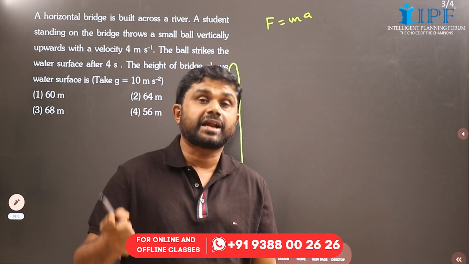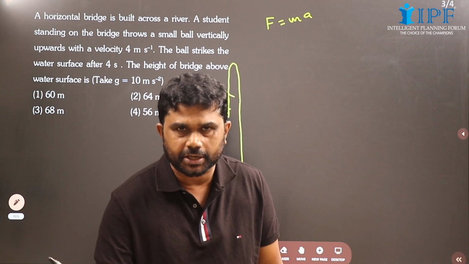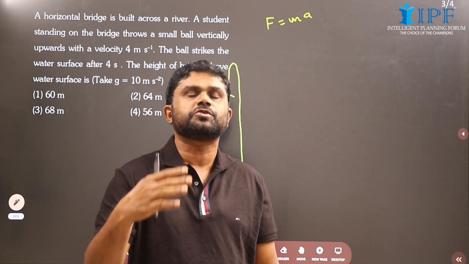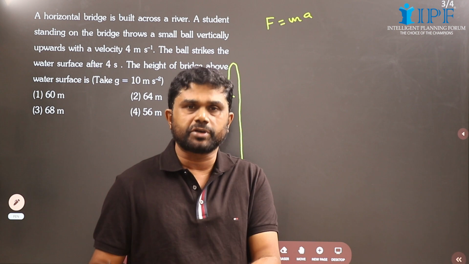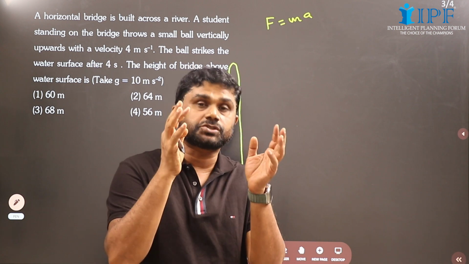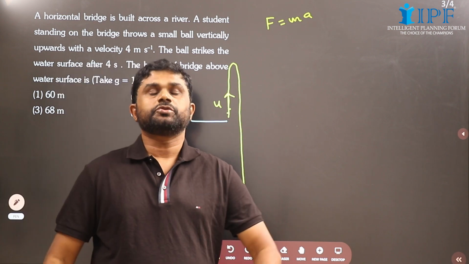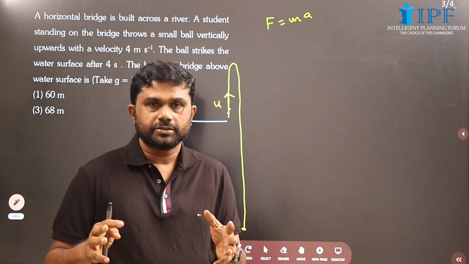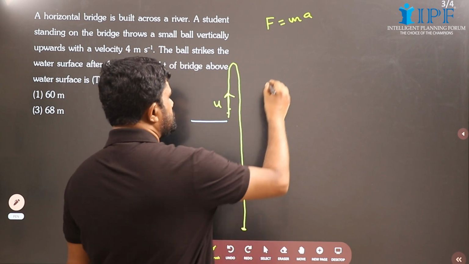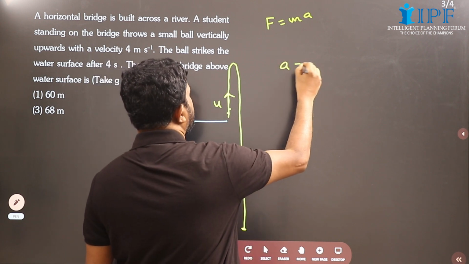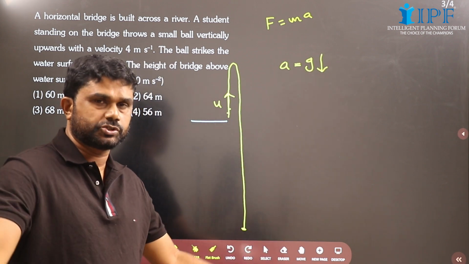So the acceleration due to gravity must also be vertically down. When a body is going up, acceleration due to gravity is vertically down. When a body is going down, it is also vertically down. So throughout the motion, acceleration a equal to g is directed vertically down.